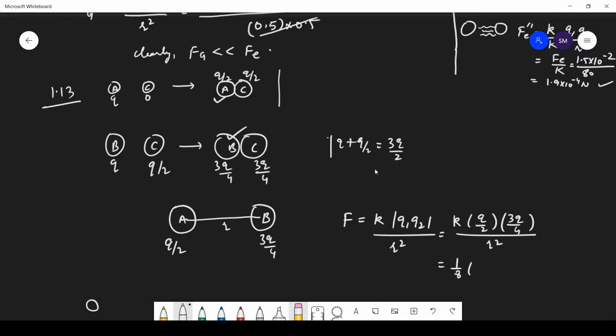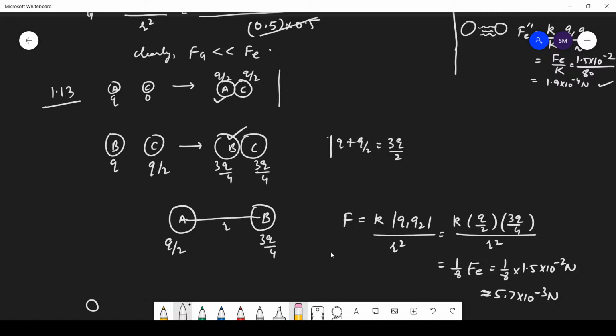So that we have already calculated, 1.5 into 10 to the power minus 2 Newton. So that is 1 by 8 Fe. So 1 by 8 into Fe, which we have already calculated as 1.5 into 10 to the power minus 2 Newton, comes out to be approximately 5.7 into 10 to the power minus 3 Newton.